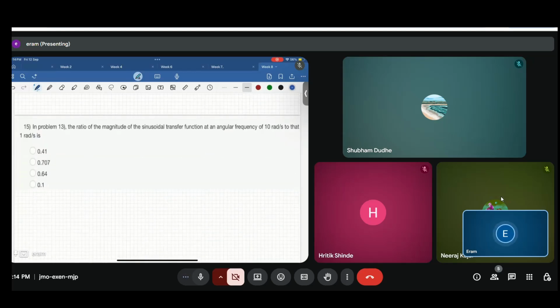Find out the ratio of the magnitude of the transfer function at omega equals 10 to that at omega equals 1 radian per second. For omega equals 1 we have already calculated. Calculate for omega equals 10 and find the ratio of the magnitudes.